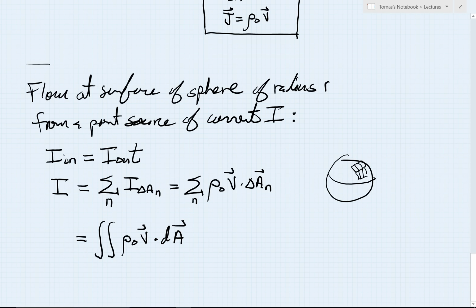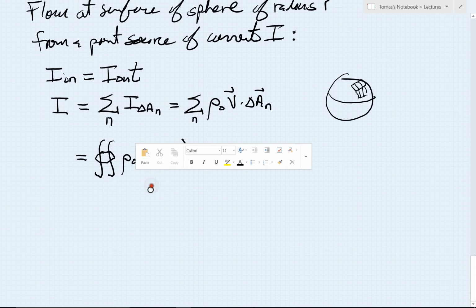And the final piece of notation is that we're integrating across a closed surface, because we have to account for each and every tiny bit of flow that might be coming out of this surface. So it's a closed surface integral, which we denote by sketching a little closed circle superposed on the integral sign. Our job now is to calculate this integral, equate it to I, and then we will learn something about the velocity at the surface of our sphere.